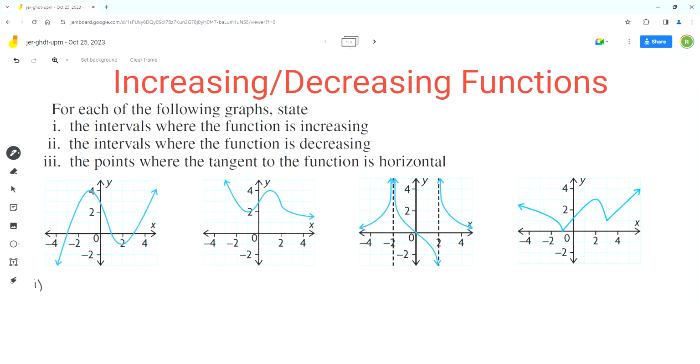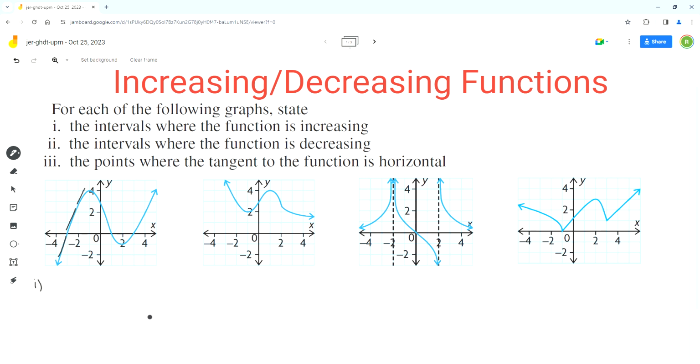That means if we draw a tangent to that curve in that interval, it should slope upwards from left to right. So as you can see in this graph, this arm of this curve is sloping upwards from left to right, because if we draw any tangent to this arm of this curve, it will have a positive slope.